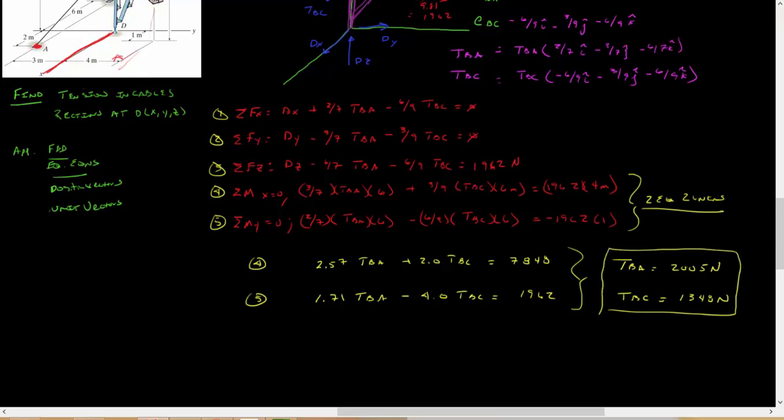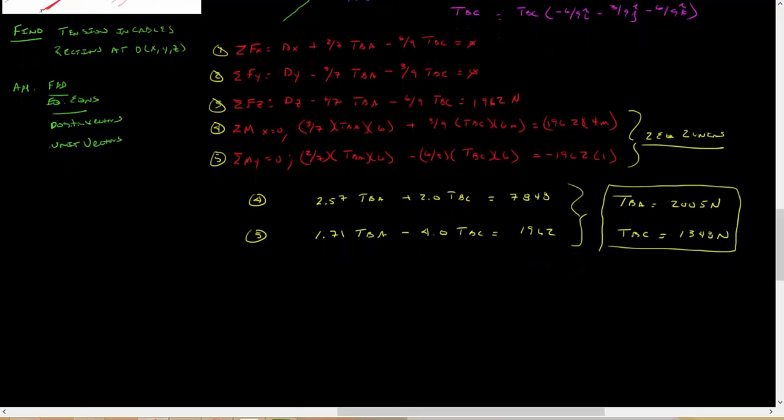Now I have to come back in and find my reaction forces, and I don't think I'm going to do it here, but all I'm going to do is substitute TBA here and TBC here. I'm not going to show that work. That's simple calculation, and you get dx. Same thing for dy, and the same thing for dz.